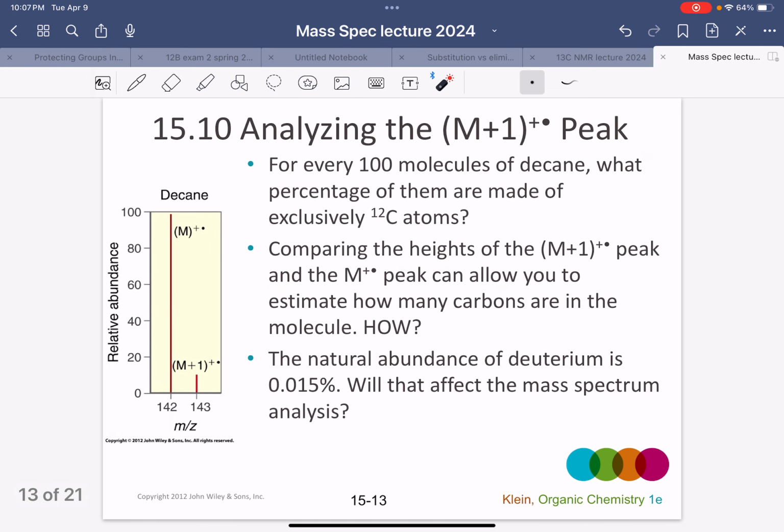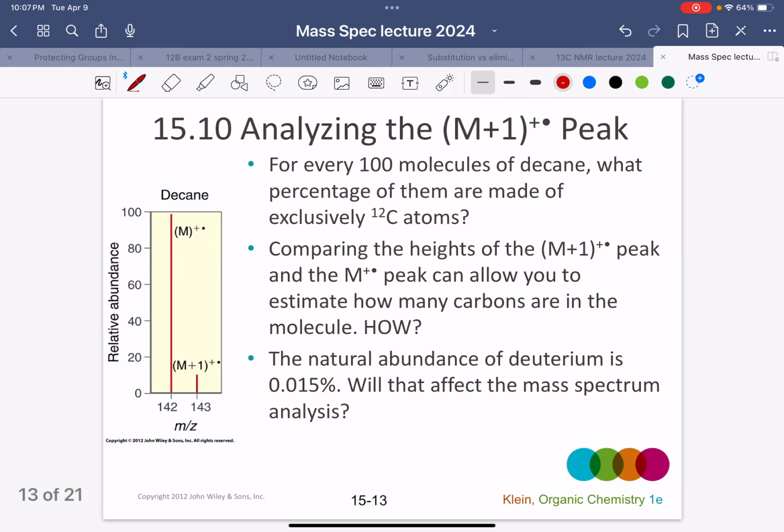Now, if you have a lot of carbon atoms, so let's say you have decane, so that's 10 carbons. Your chances of having one carbon-13 atom are greatly increased. So basically it's 10 times the effect. You could actually do the calculation, 0.99, which would be 99% carbon-12, 0.99 to the, let me write it out here for you.